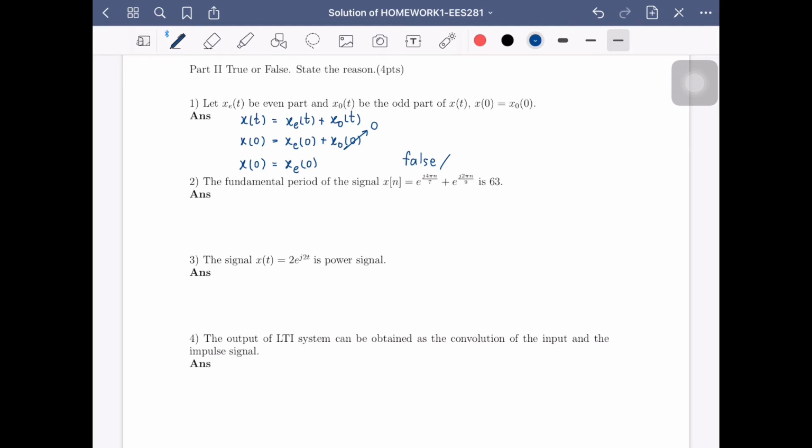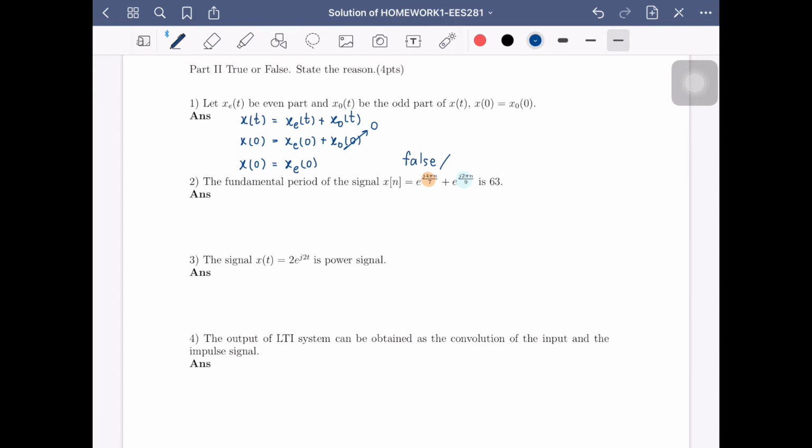Then the second question is that the fundamental period of the signal x[n] of exponential of j4 pi n over 7 plus exponential of j2 pi n over 9 is 63. First, we consider the first one and the second one.